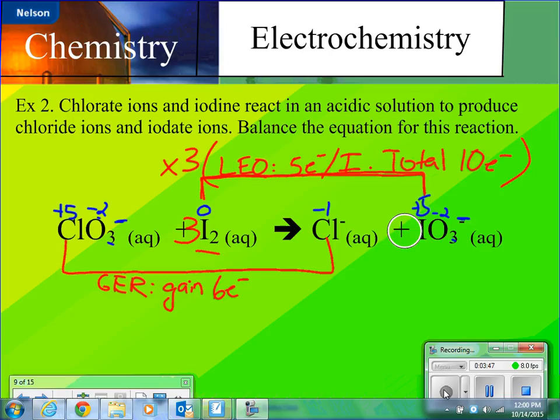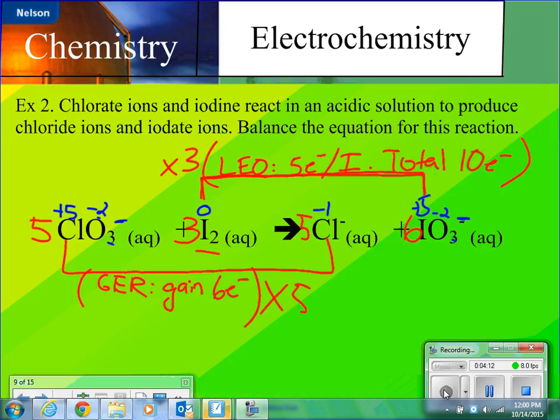The 2 here becomes a 6. Okay, my reduction half reaction, what do we have to multiply 6 by to give us 30? 5. So I'm going to multiply everything in the reduction reaction by 5. 5 and 5.